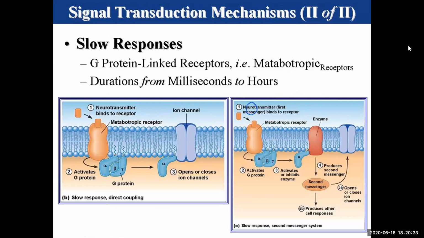Now we move on to the other extreme, slow response. And the slow response occurs on a slower time scale, in terms of seconds instead of milliseconds. It can also be more sustained. It can go over a longer time frame, but the ionotropic lasts only within a few milliseconds.